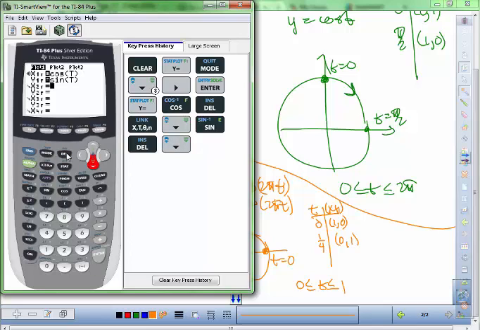Okay. Now one more thing that would be good for you to know in terms of graphing these functions in your graphing calculator is if you move your cursor all the way to the left and you see this blinking icon over here, if you press enter several times, you'll see the icon change. So this is the default. The default is just a line. It would draw a line.